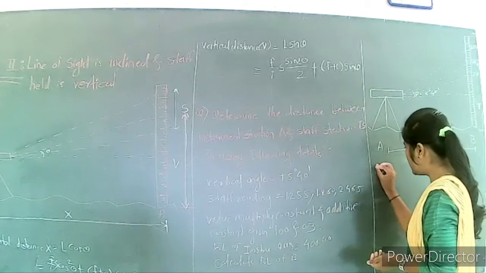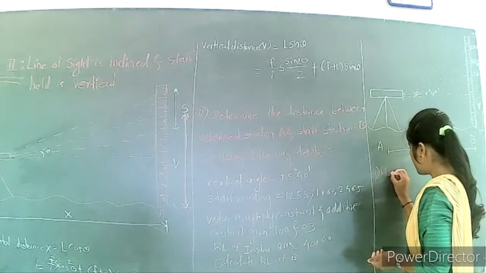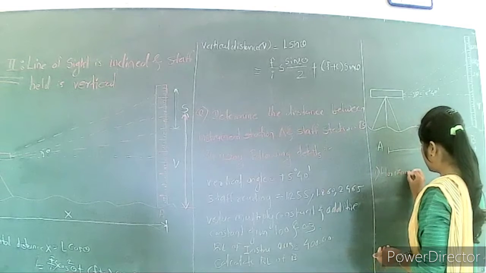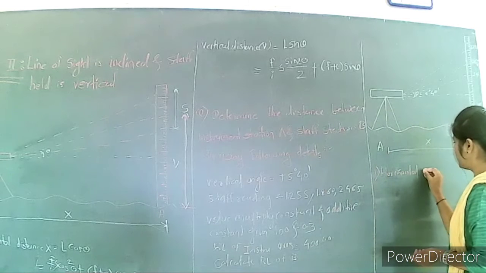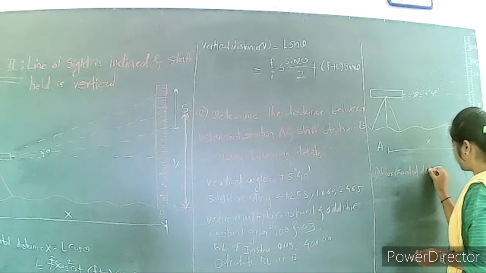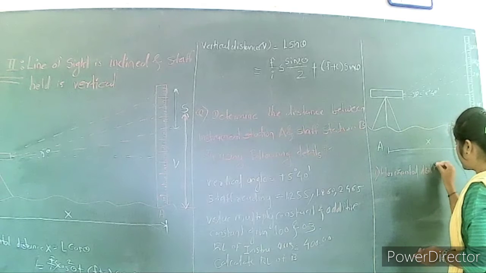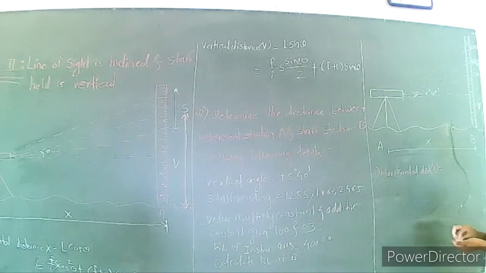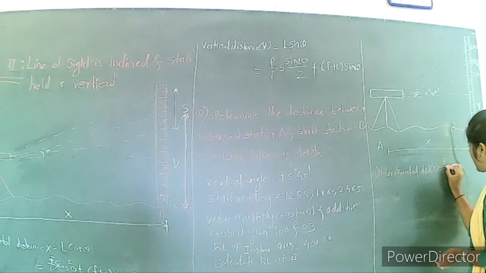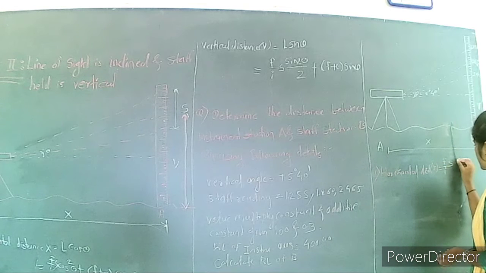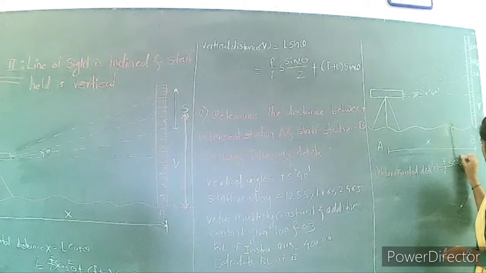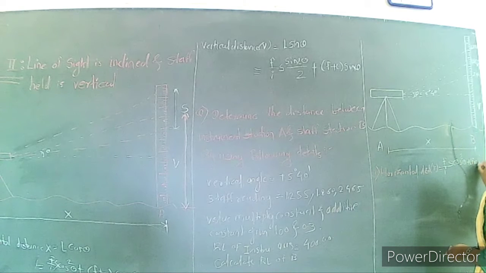First, we calculate the horizontal distance, that is capital X, which is equal to f upon i into S into cos square theta plus (f plus c) into cos theta.